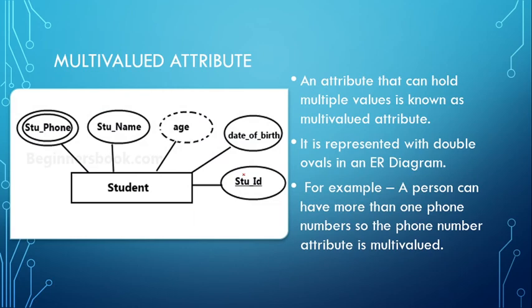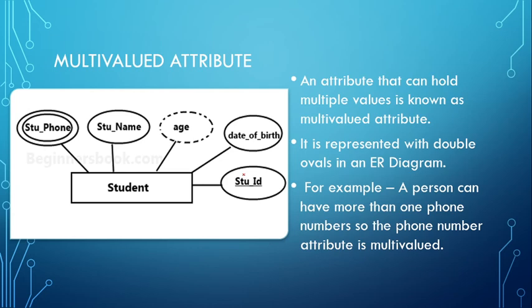Next, let's see multi-valued attribute. An attribute that can hold multiple values is known as a multi-valued attribute. In one attribute, we'll have more than one value. Suppose let's take pin number. A student cannot have two pin numbers or two roll numbers.